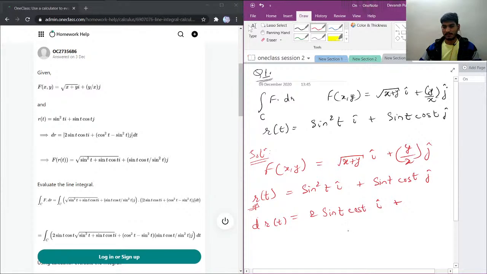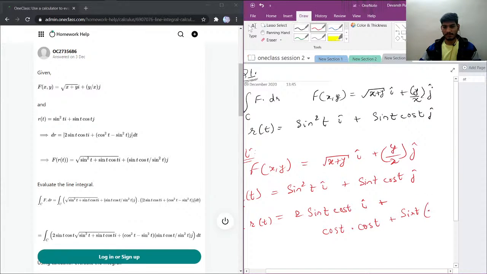So this will become sine times, cosine will be kept constant, so sine is cosine t times cosine t, and this will be plus, and then sine will be kept constant and my cosine will be minus of sine, and this will be multiplied by dt.